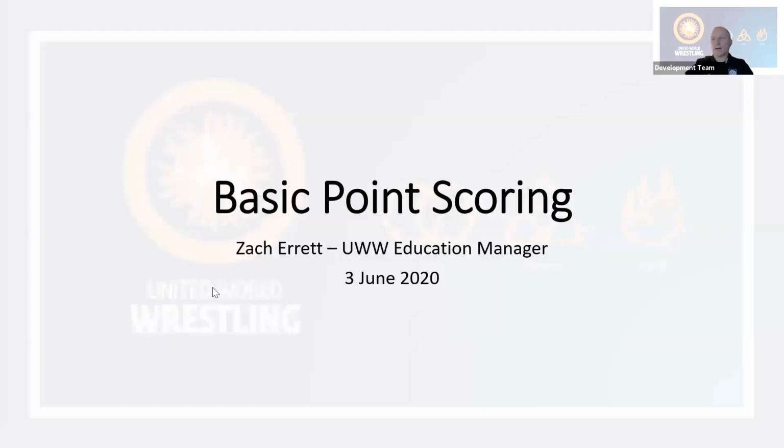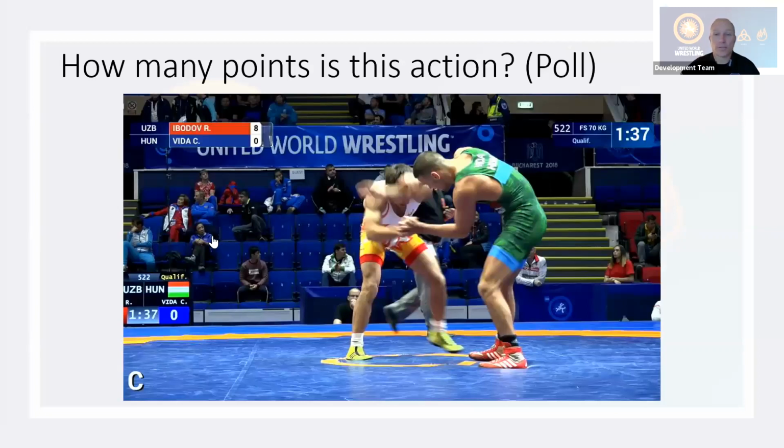Next, let's get started with the presentation. One of the first things we're going to do is take a look at a situation, and just like the poll question, I'm going to ask you to score what you believe the situation is. I'm not going to go through the results and explain how it was scored; this is really just for me to see how you score it.